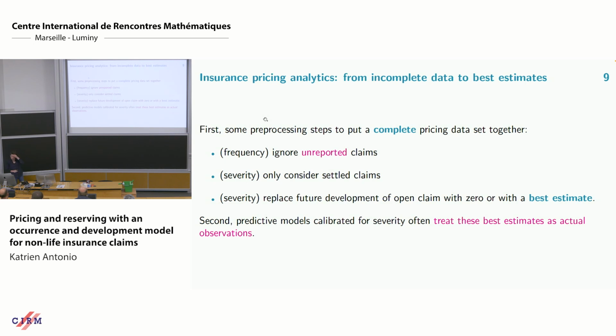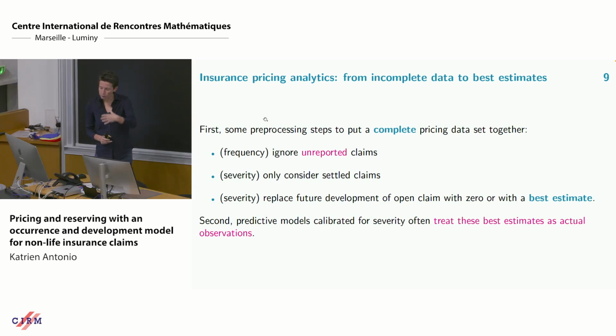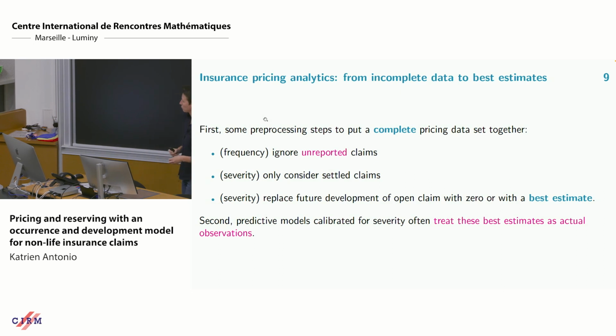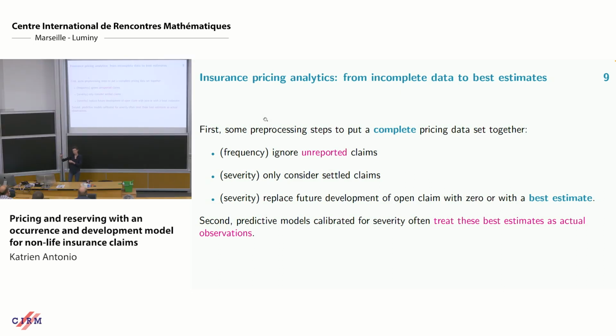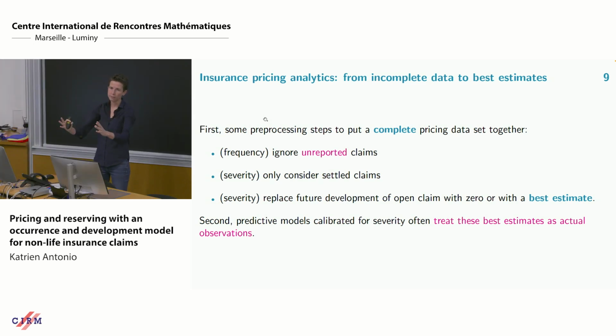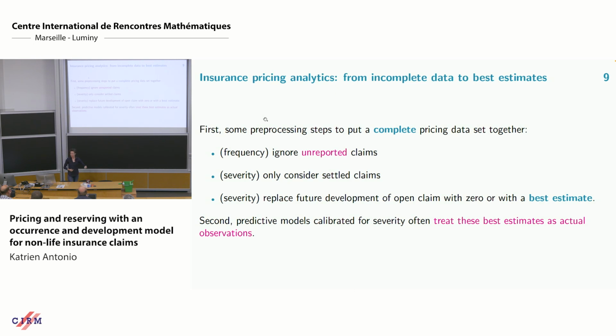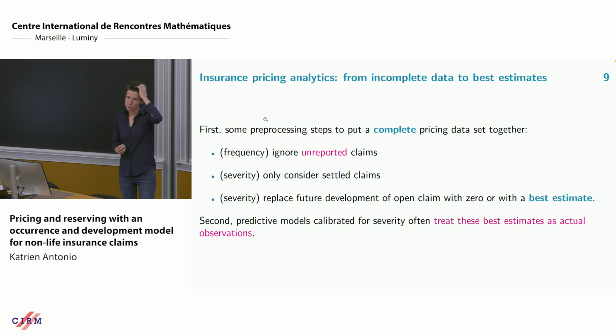So that's one thing. But then, of course, if you think, okay, I went through this pre-processing, so I completed my data set, for instance, by replacing the right-censored severities with a best estimate, what the pricing actuary then typically will do is take that data set and use it as if it were actual observations, right? And calibrate a frequency and a severity model for technical pricing using these completed data sets.